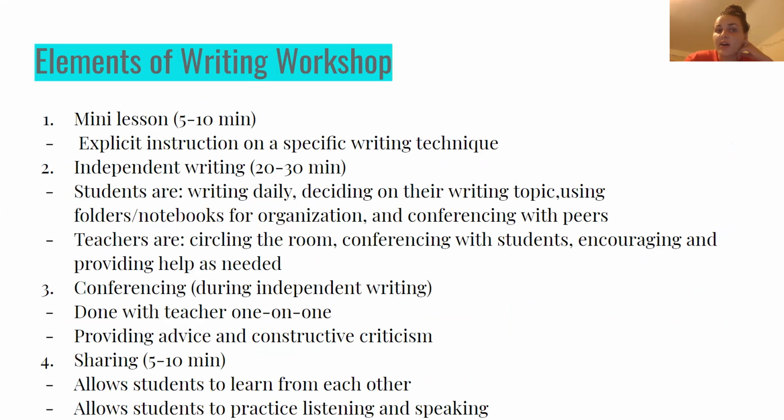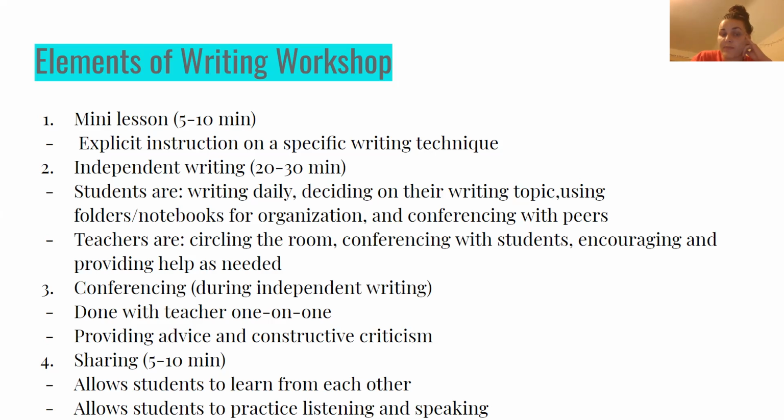The elements of writing workshop include a mini lesson, which is about 5 to 10 minutes. This is explicit instruction on a specific writing technique. And then independent writing for 20 to 30 minutes. And students are writing daily, deciding on their writing topic, using folders or notebooks for organization, and conferencing with peers.